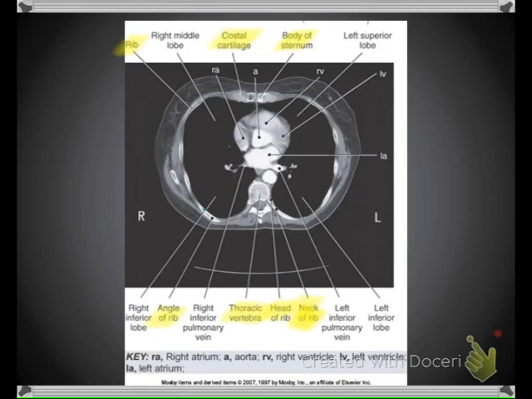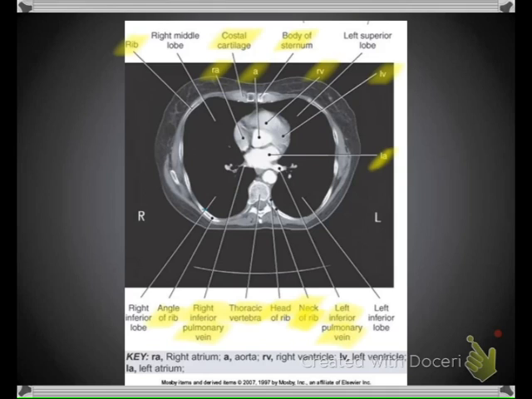we'll also look at the heart. And so in terms of this image, even though we haven't actually talked about it yet, we do have the left inferior pulmonary vein, the aorta, the right inferior pulmonary vein, left ventricle, right ventricle, left atrium, and right atrium.